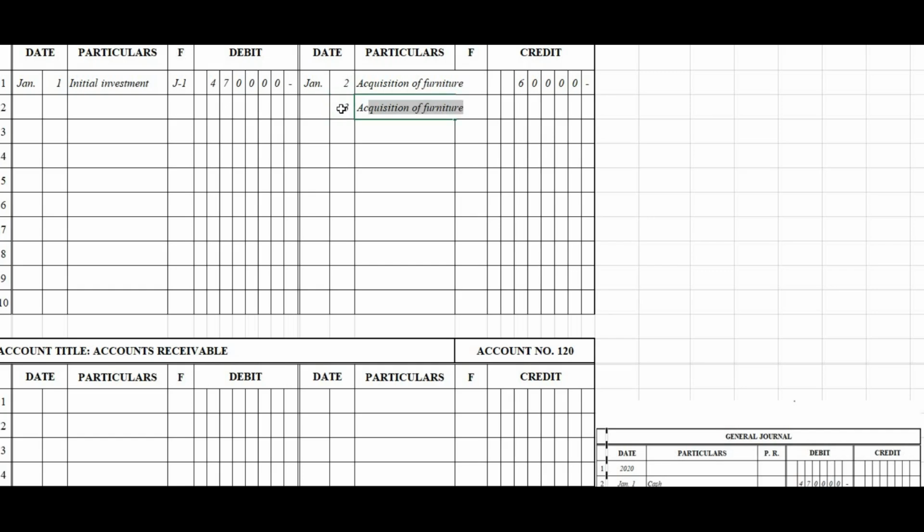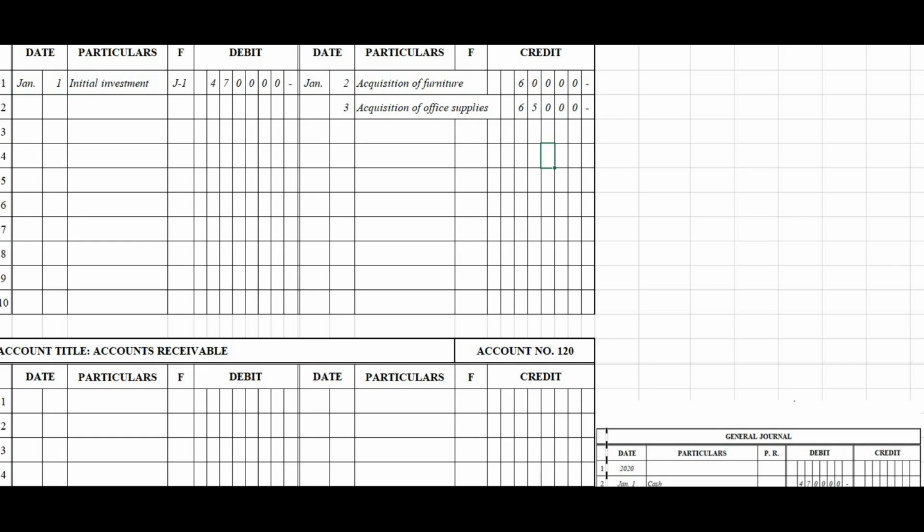So this is office supplies. So the amount is 65,000. Okay? So that's how you do posting.